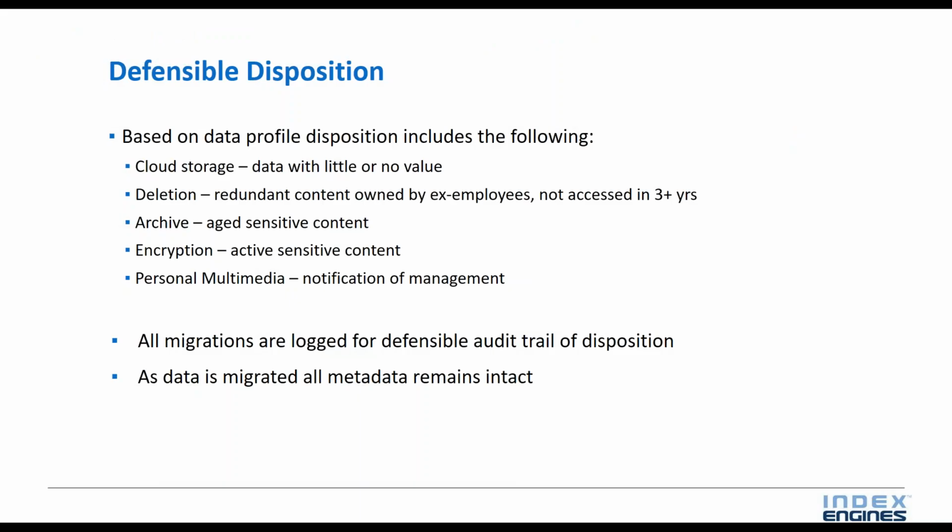And then within the Index Engines platform, fully defensible disposition is built right in. So not only is it a search and reporting tool, but you can act on the data. It's a fully actionable platform that, based on the profile of data or the classification of the content, you can migrate to cloud storage, basically data with little or no value.